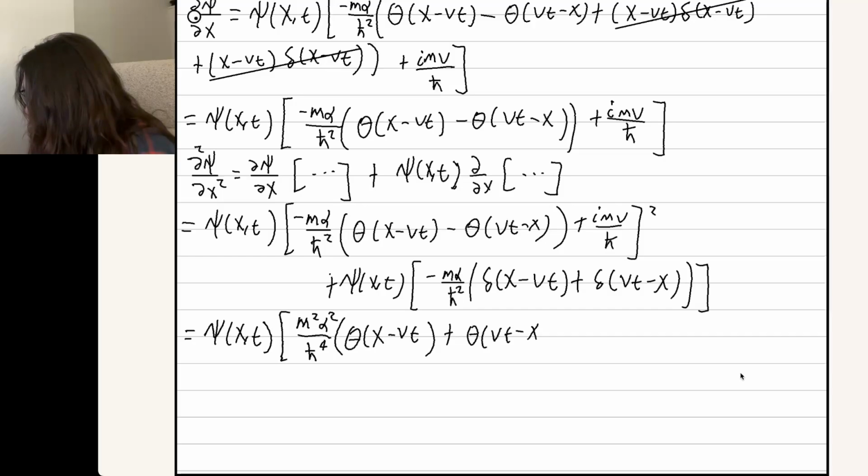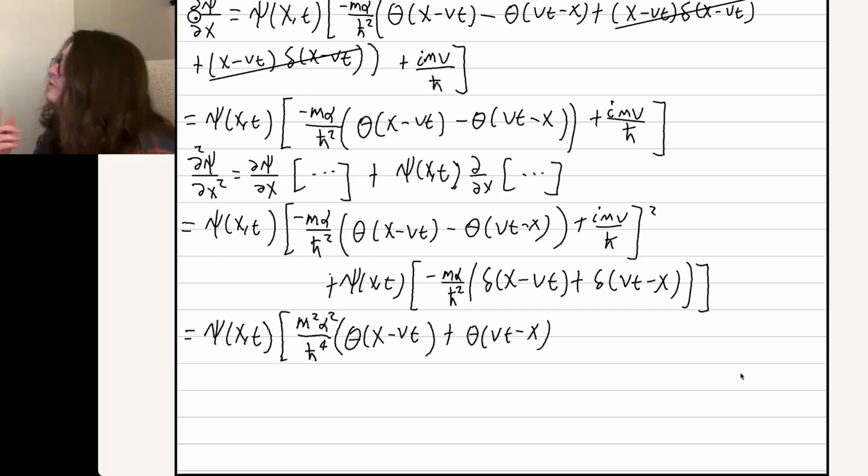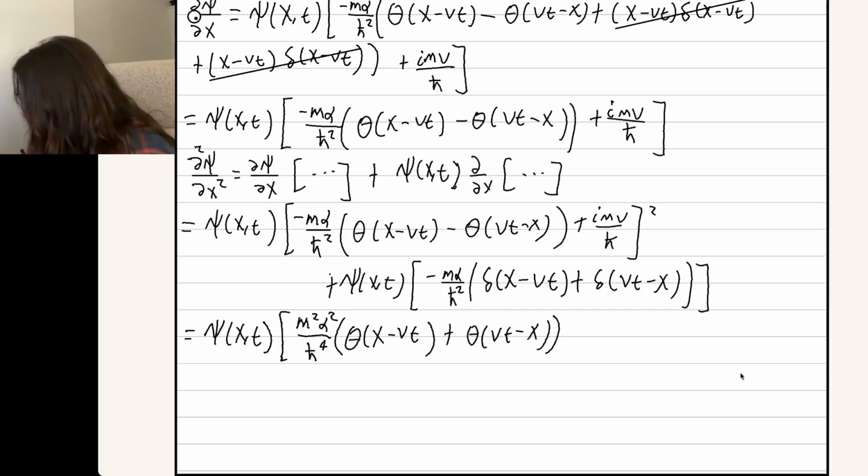And then the cross terms will cancel each other out because they're each 0 in the region where the other one is 1. So you get that. You also get minus m squared v squared over h bar squared, and then minus 2i m squared alpha v over h bar cubed times the Heaviside function stuff.